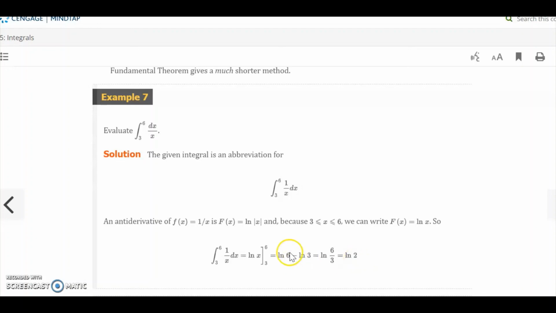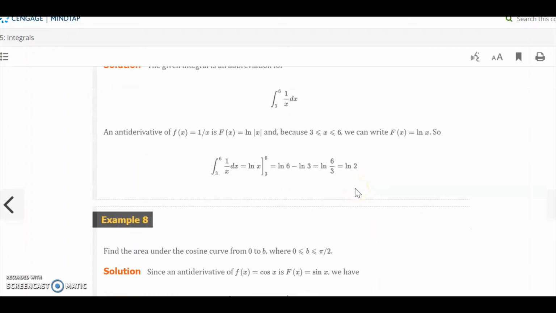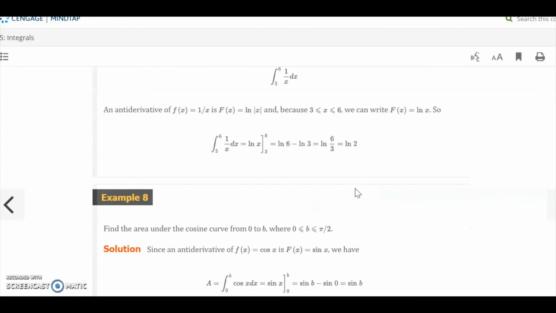When you subtract ln's, you can combine them by making it division. If you add them, you can combine them and make it multiplication. So it depends on what that symbol is in the middle. You don't have to simplify all the way, but if it asks you to, then you might have to use some natural log rules.